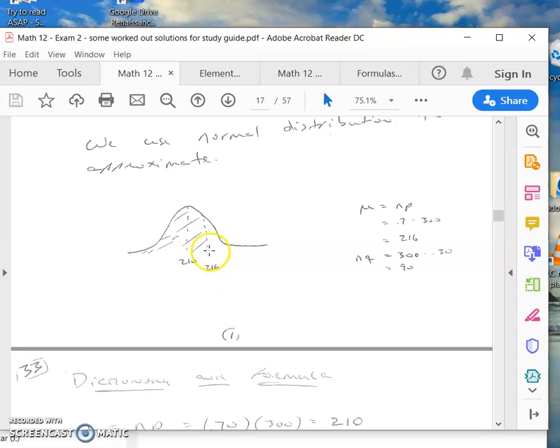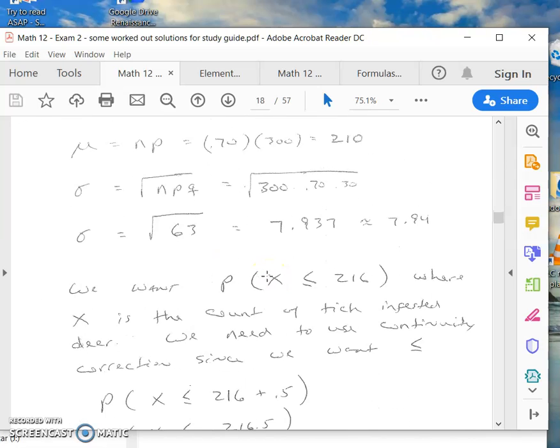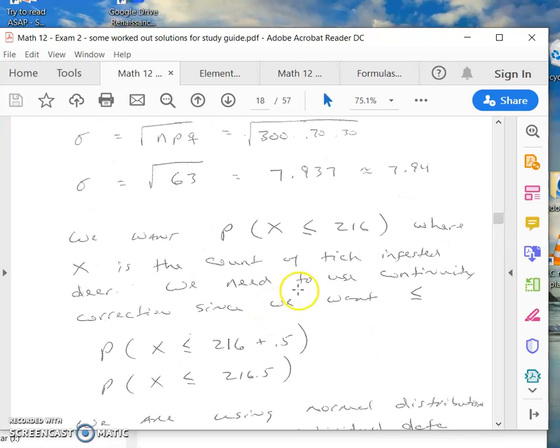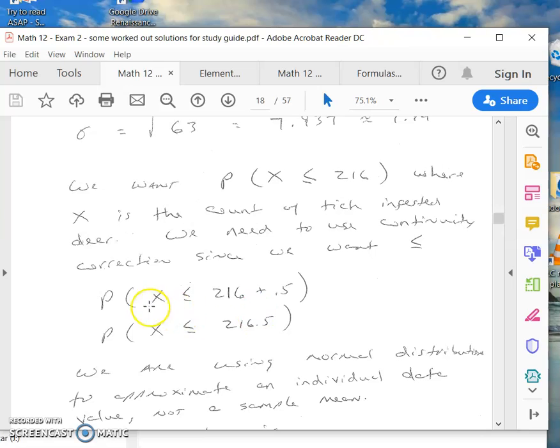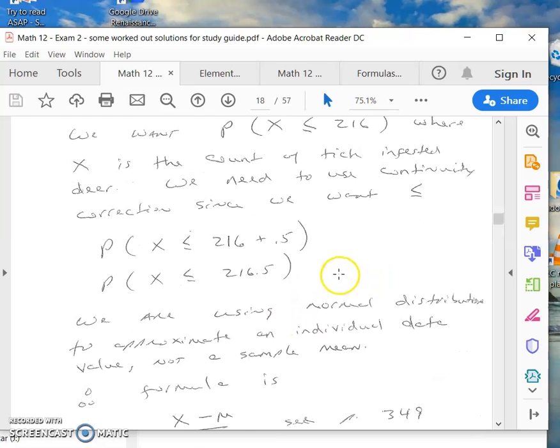So we don't go from 216, we go from 216 and just a tiny bit more to correct for the continuity. The author calls it a continuity correction. So what we want is 216 plus 0.5. That's just a little tiny bit more than the 216.